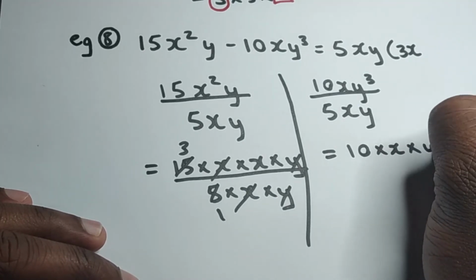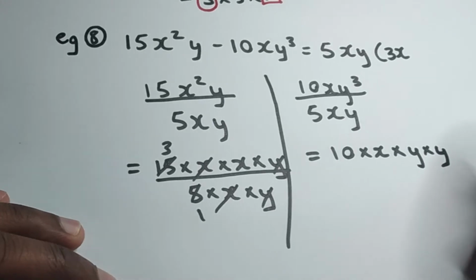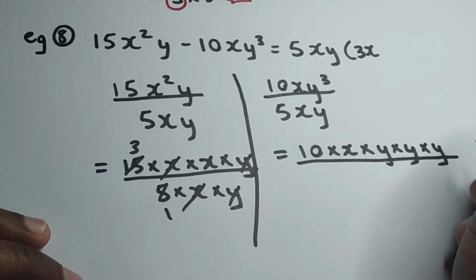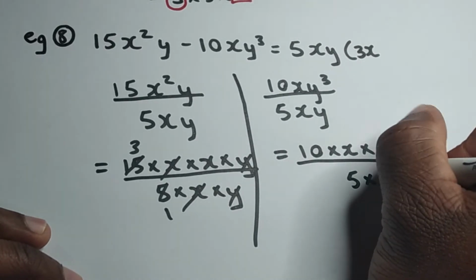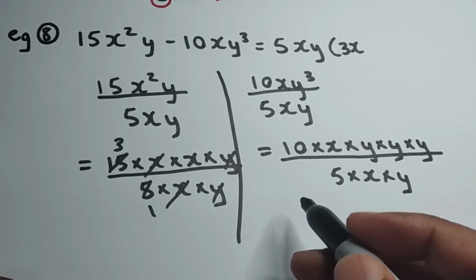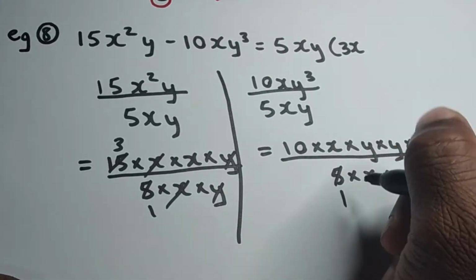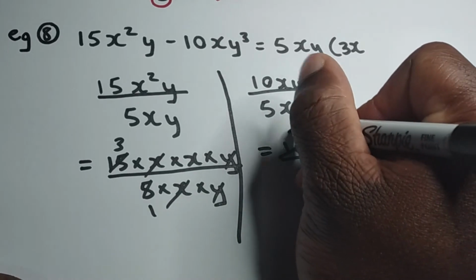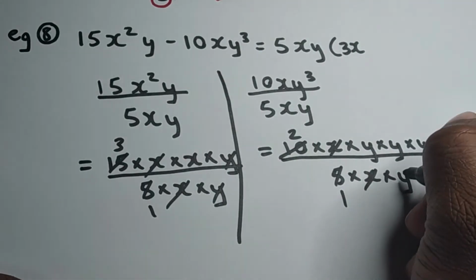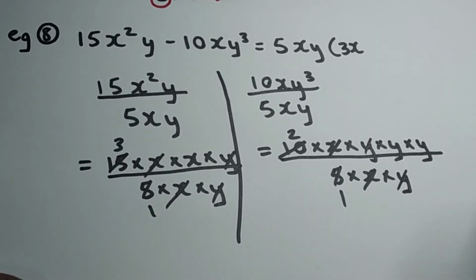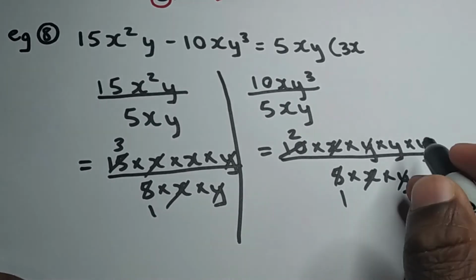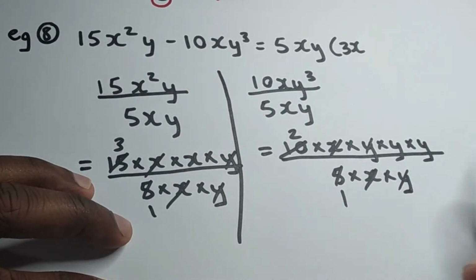Y cubed is the same thing as multiplying y by itself 3 times, over 5 times x times y. All right. So what we can do now, we can use the 5 to cancel itself, and 5 going into 10 is 2 times. X cancels x. And y cancels the y up there, right? So we're left with 2 times y times y. And y times y is y squared.